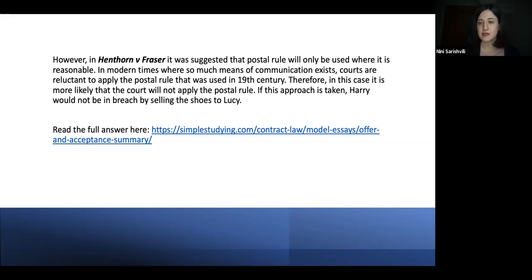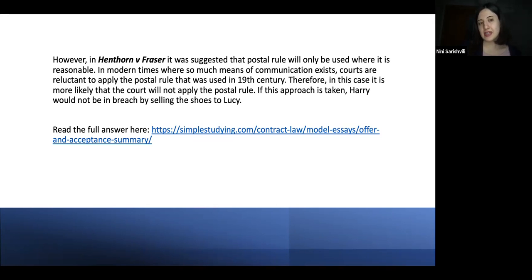In other words, we used two cases. One case suggested that the acceptance is present in this case, but the other case suggested that it may not be present according to the most recent legal position on this area, because postal rule is not often used anymore by the courts when it's not reasonable to use.